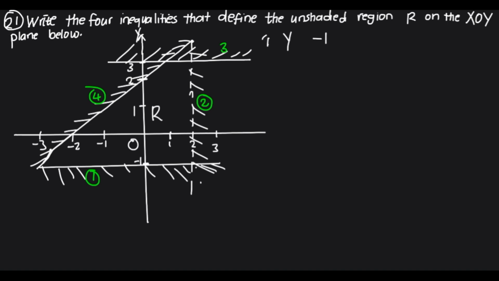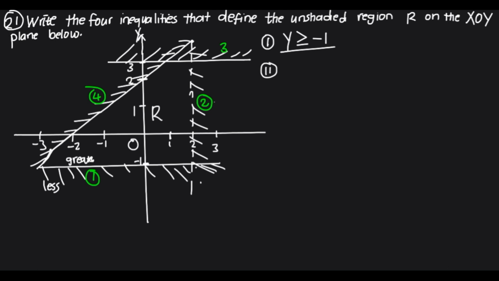After we've indicated where it is cutting the axis, let's look at the two regions. The shaded one is less, then the upper is greater. So we are looking for the greater, so we use greater than or equal to. So this is our first inequality.